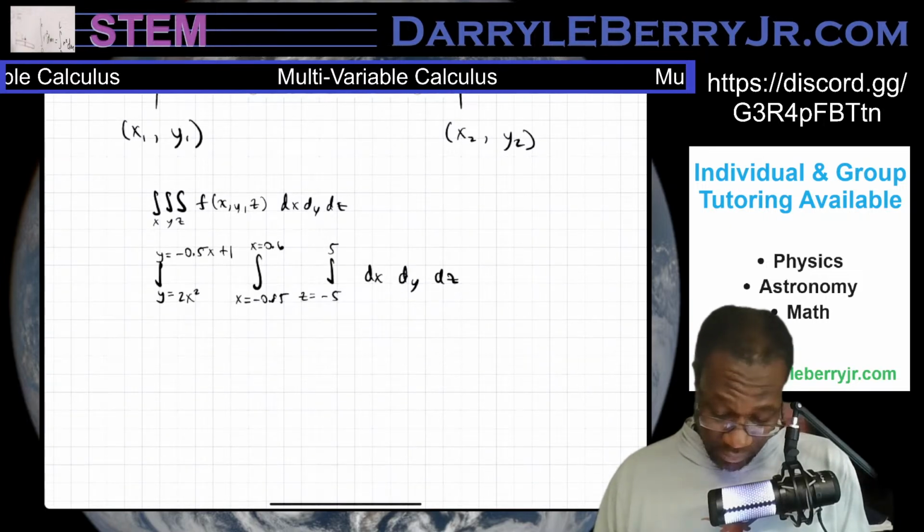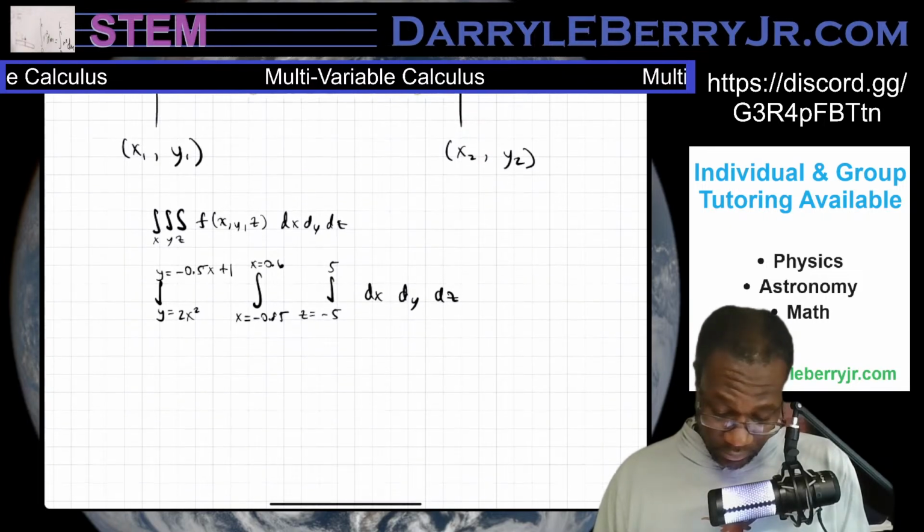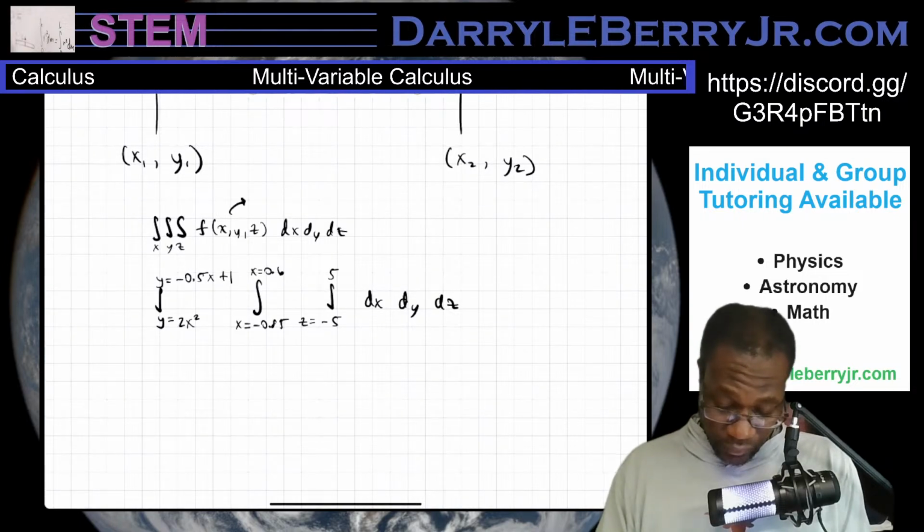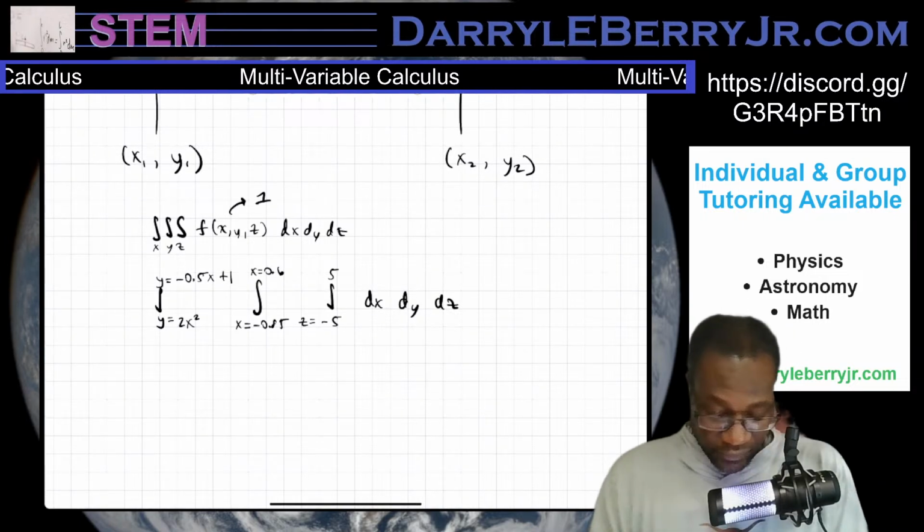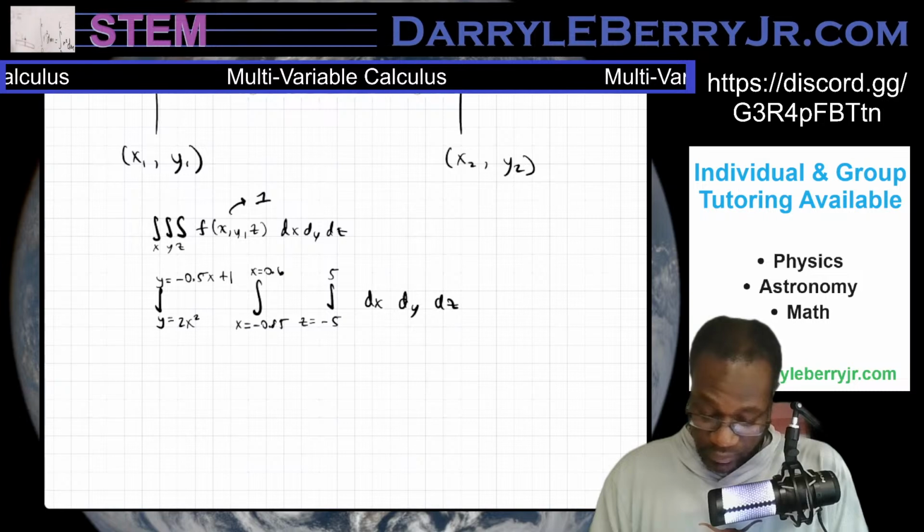All right, so now we have our integral. And I guess f of x will be just 1, since we're just getting the volume of this bounded space. And if I recall, this should be good, right?